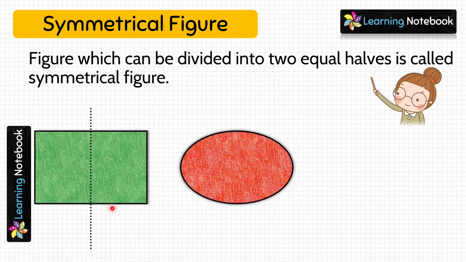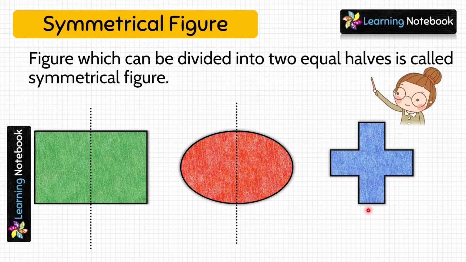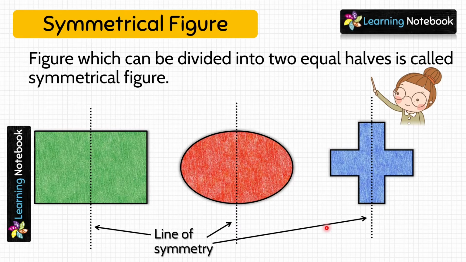In the same way, oval is also a symmetrical figure because it can also be divided into two equal halves. Similarly, a plus symbol is also a symmetrical figure. As you can see, it can also be divided into two equal halves. And students, all these dotted lines, these three dotted lines are line of symmetry because they are dividing the figures into two equal halves.